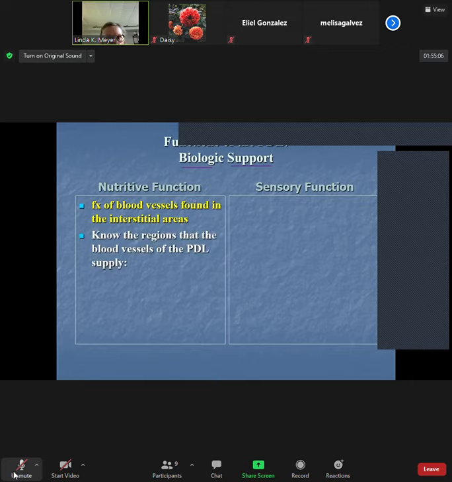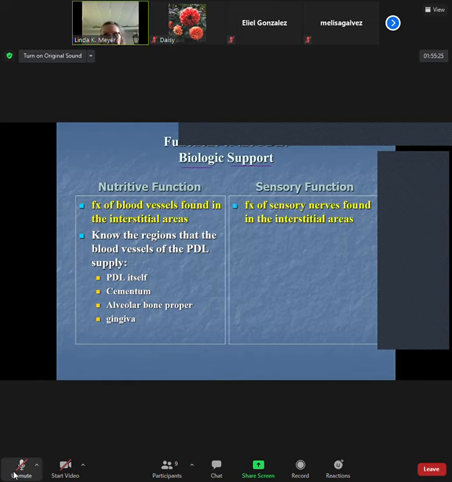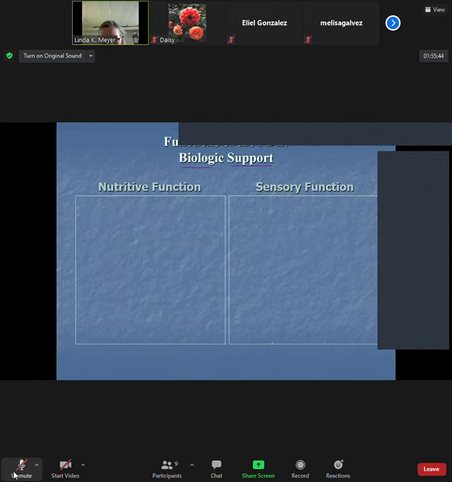And it lists all those tissues there, the PDL, the cementum, alveolar bone proper, and the gingiva. And then the sensory function that I'll cover on the recording too is a function of the sensory nerves found in the interstitial areas. And I'll talk more about the types of sensations, but they're listed there, and I'm going to describe that in the recording. Okay, I just want to stop here.